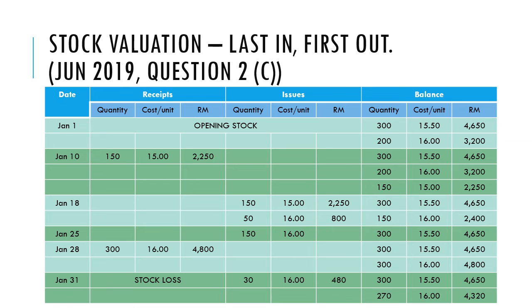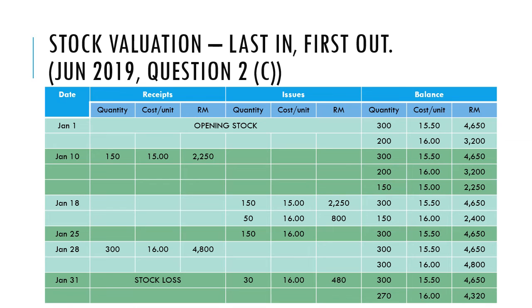So on January 18th, the storekeeper issues 200 units of stock. How do we value the issuance of stock? You are using last in first out. Please remember that you are using last in first out. So take the most recent stock and put it at the beginning of the row, followed by the second most recent stock.